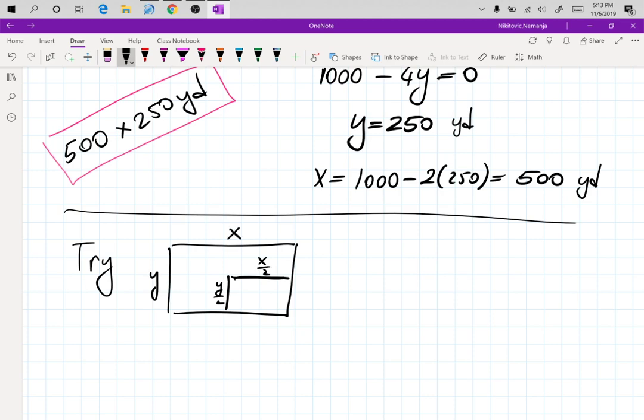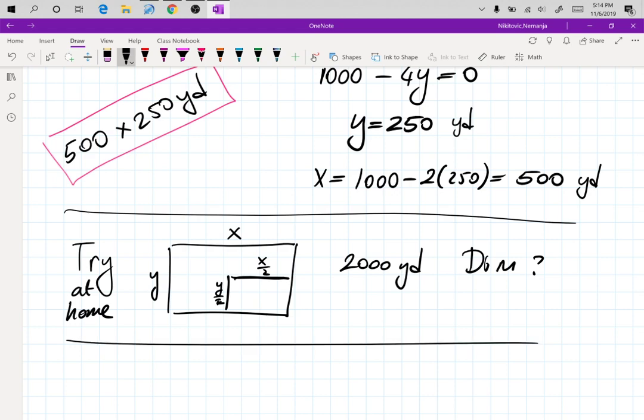Anywhere where you have the black line, it's a fence. So it's going to have more features here. Obviously it introduces fractions, and you just plow through the same calculation. You still have 2,000 yards of fence, and you're still looking for the dimensions in terms of x by y. So try it at home as you practice this.